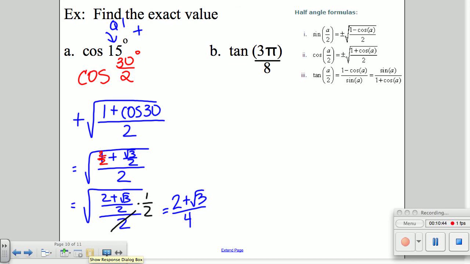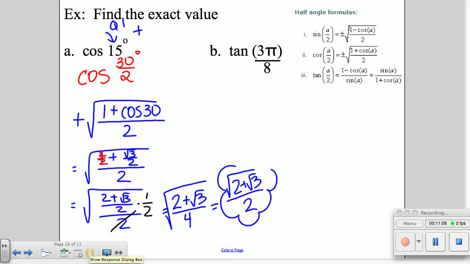And it's the square root of all that. Now the last thing I see is that if I take the square root of the top, I get this. And if I take the square root of the bottom, I get 2. And we'll just leave it like that. Again, normally we don't like to leave square roots under square roots, but for this class, we'll say that's good.